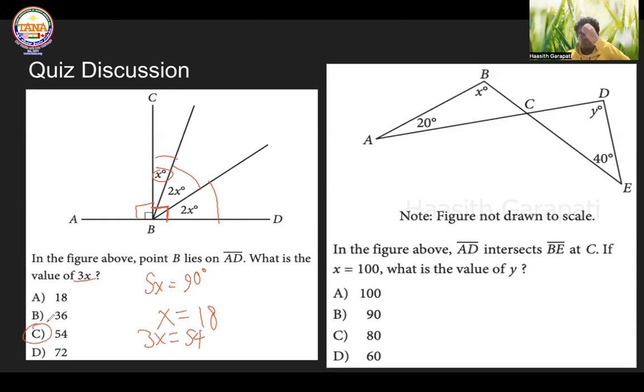All right, the next question. In the figure above, AD intersects BE at C. If x is equal to 100, what is the value of y? So what is the value of this angle? Remember that total angle sum is equal to 180 degrees for triangles. In this case, we have x and we have y.